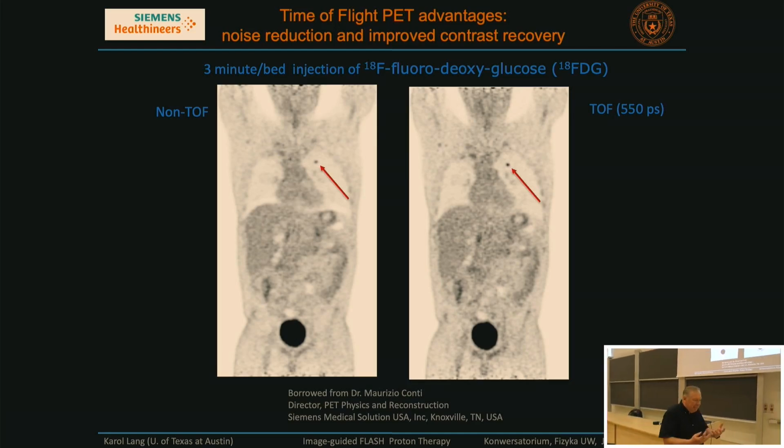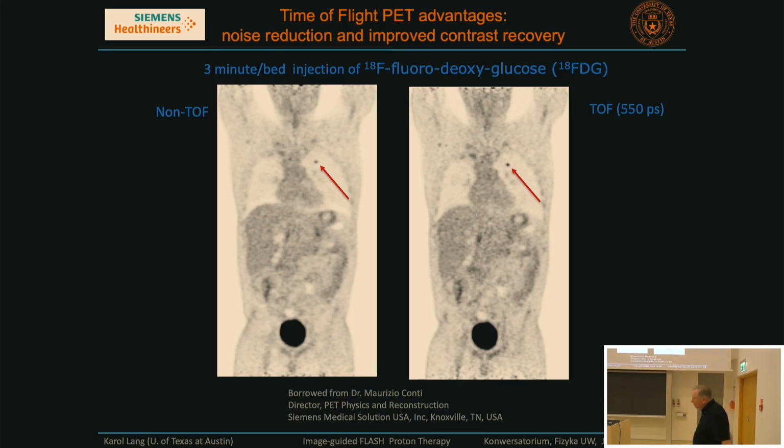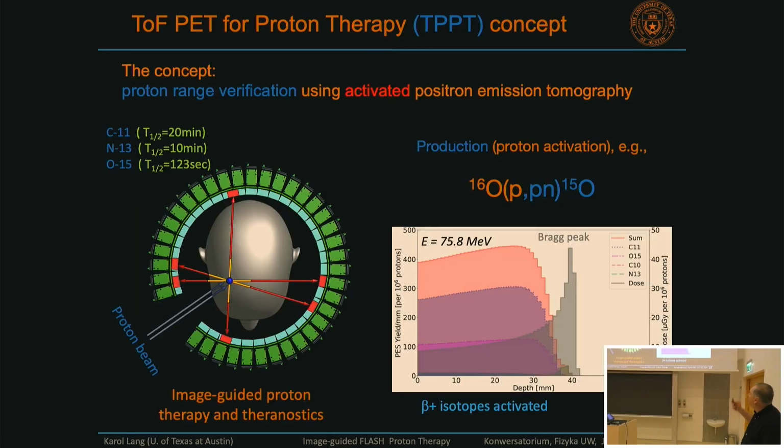This is where metabolism is increased, and increased metabolism ends up with an increased number of positron emissions. If you improve your detector from left to right by going from no time of flight to having time of flight, which I will probably not discuss much, this improves the signal to noise and the time response of the detector. You can make the image a little bit crisper and thus more sensitive for imaging, and in fact dosimetry, of cancer tissue.